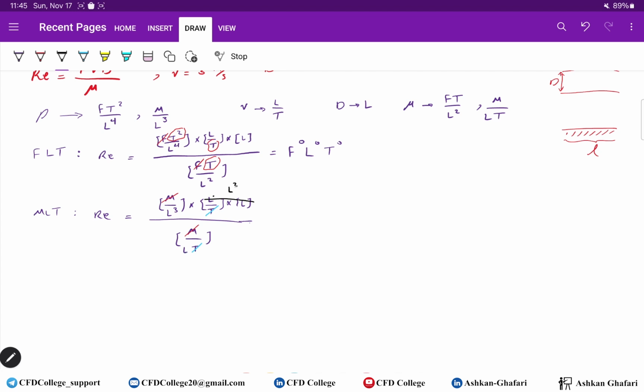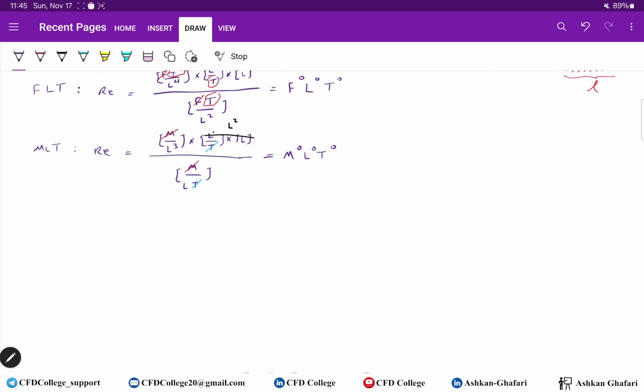With this one we have cubic L, and here we have cubic L. So again we have no dimension for Reynolds number. It's easy, as you can see.